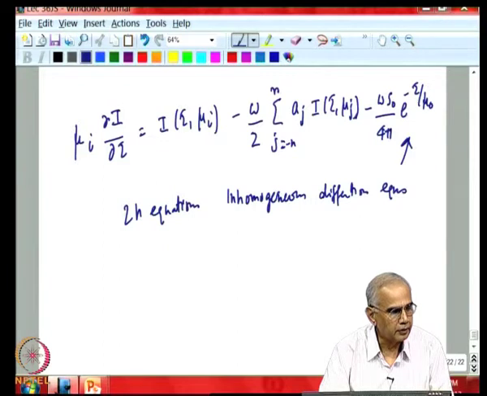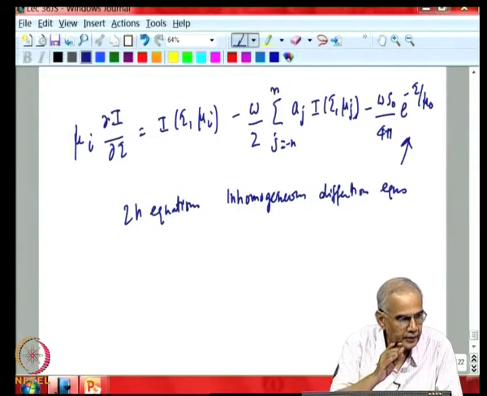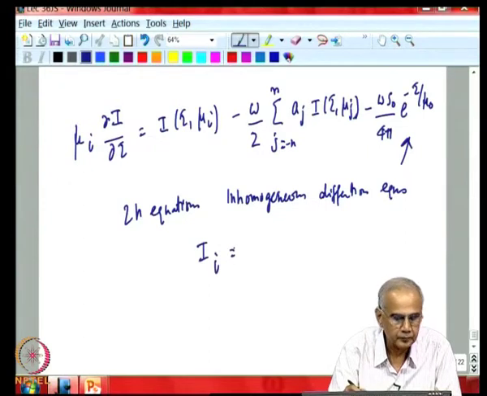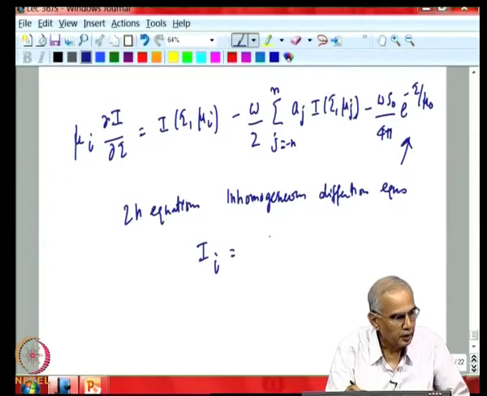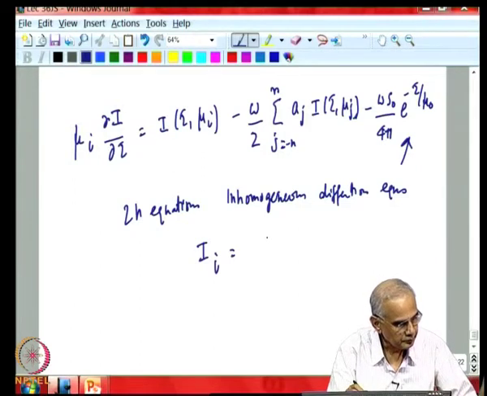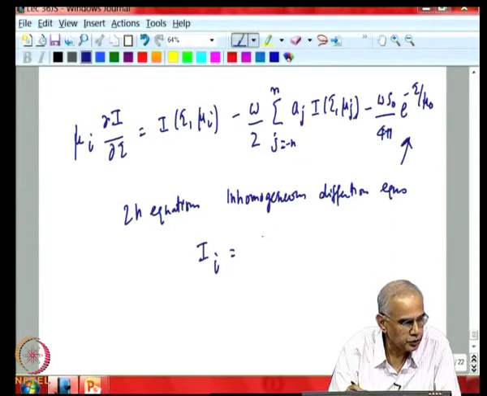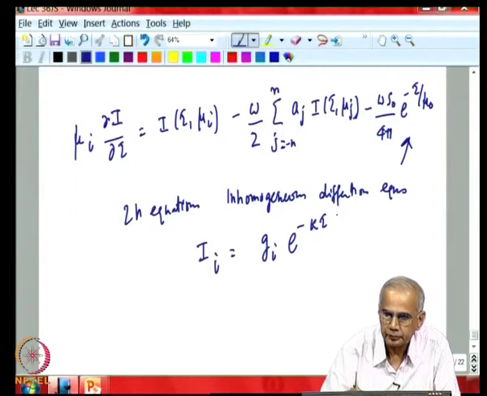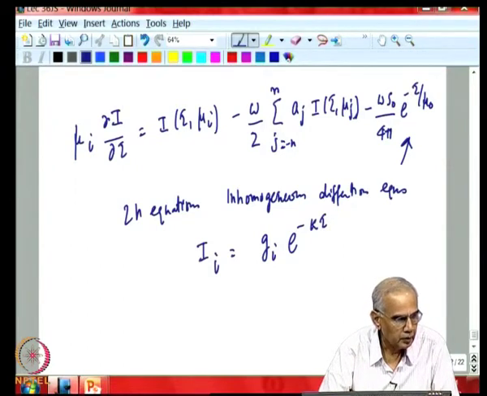So, let us say that we assume that in the ith direction the solution is of the kind some g_i e to the power minus k times tau. Okay.